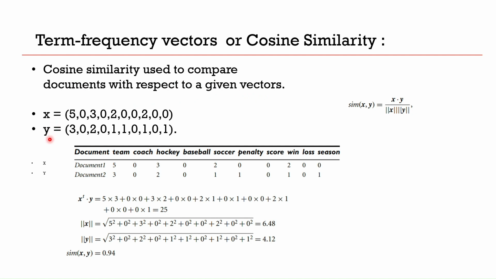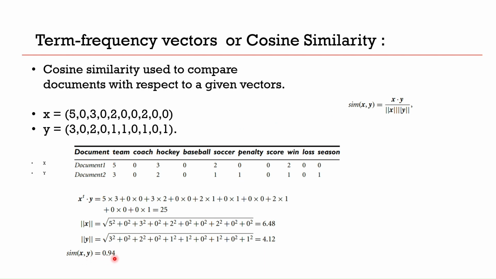Let x1 and x2 be two documents or text files which contain words like team, coach, hockey, baseball and soccer. These are the words in the text, and the two documents are arranged in the form of frequencies according to the words: 5, 3, 2, 1 and so on.